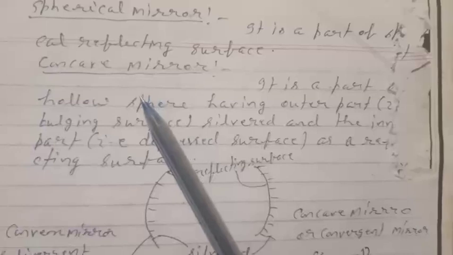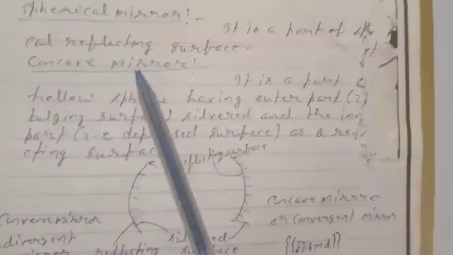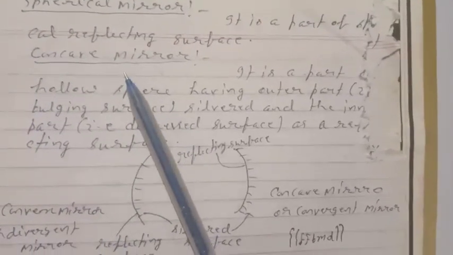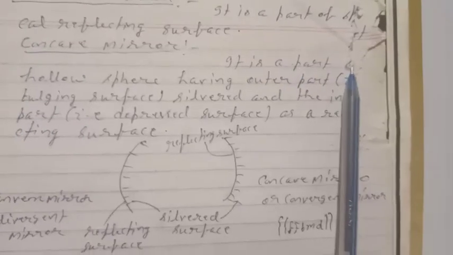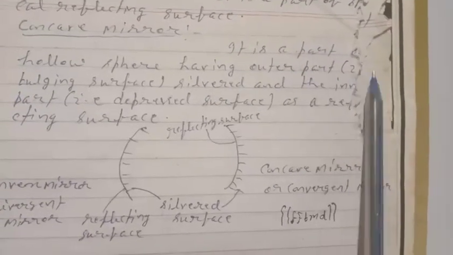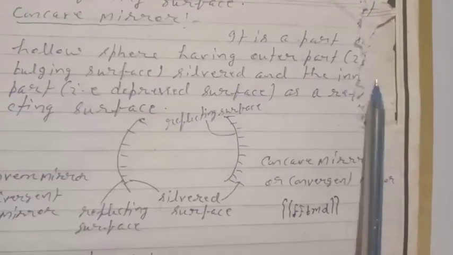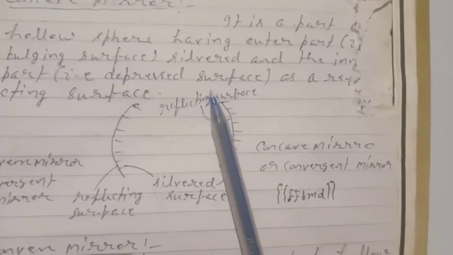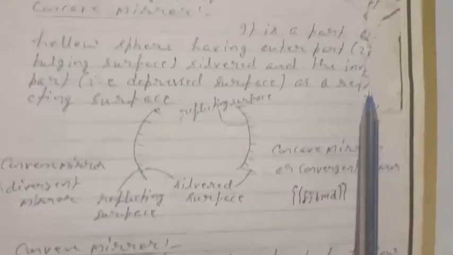Now a spherical mirror. It is a part of a sphere, a spherical reflecting surface. Next is concave mirror. It is a part of a hollow sphere having outer part that is bulging surface silvered and the inner part that is depressed surface as a reflecting surface.